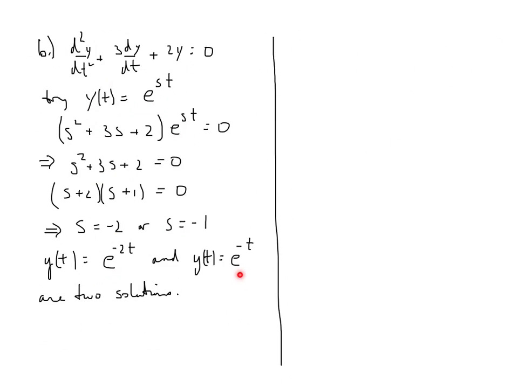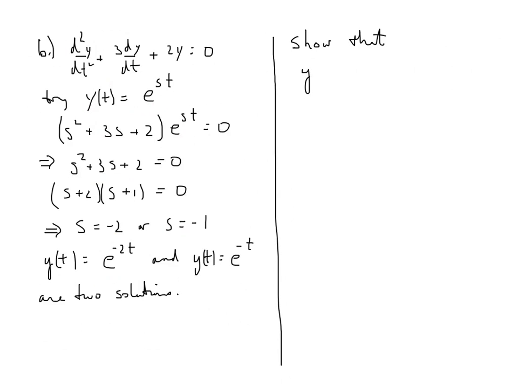And this problem is asking us to show that a constant multiple of one of these solutions is also a solution. So show that, for example, a function, I'll call it y, just y.